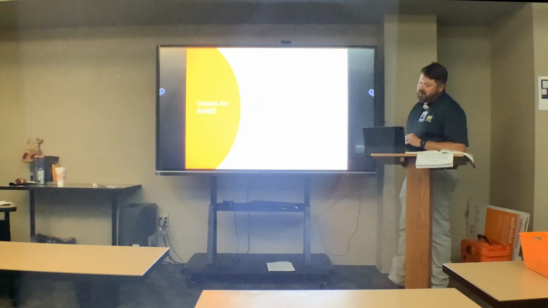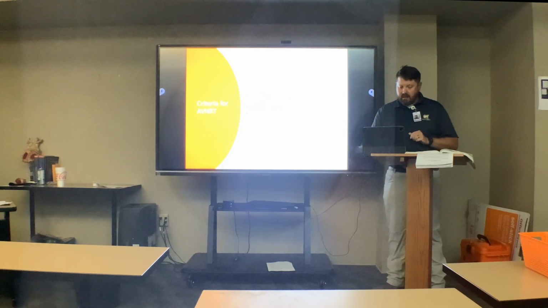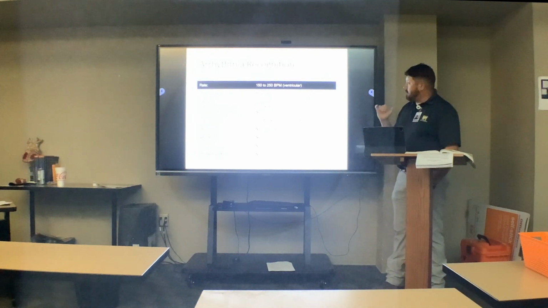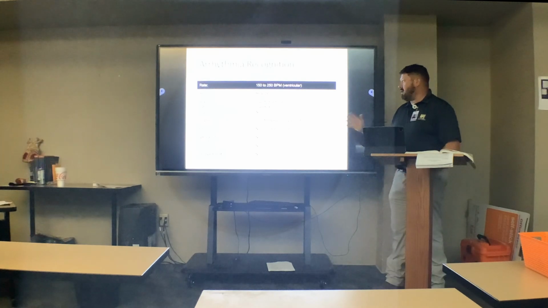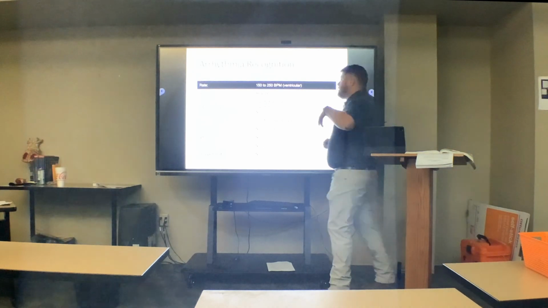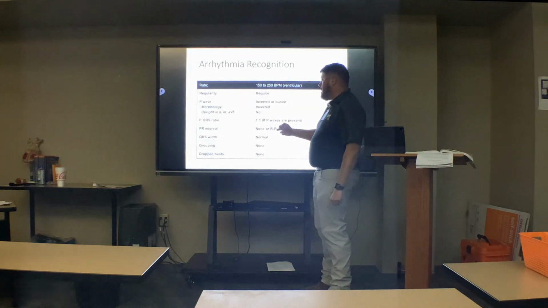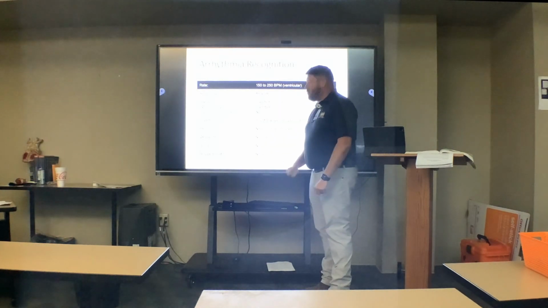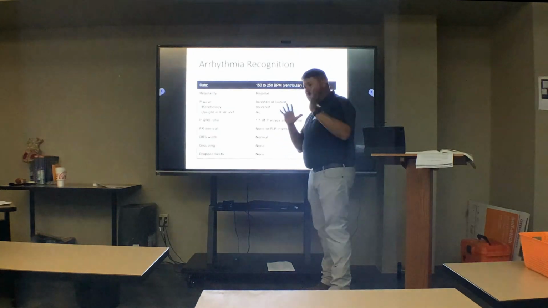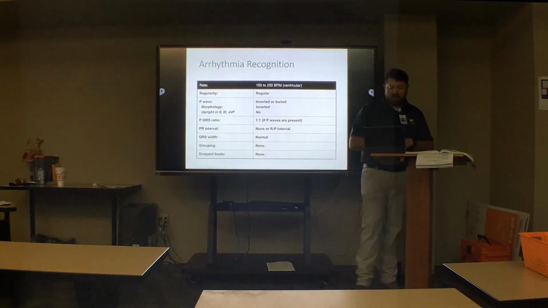P waves can be varied. Typically, we're not going to see a P wave because it's going so fast. It should be regular. You probably won't see P waves. If there is a P wave, it's going to be inverted. If you can get a PR, your QRS is going to be normal, should be. Grouping should be normal. Everything should be there. There should be no dropped beats or anything like that, okay?